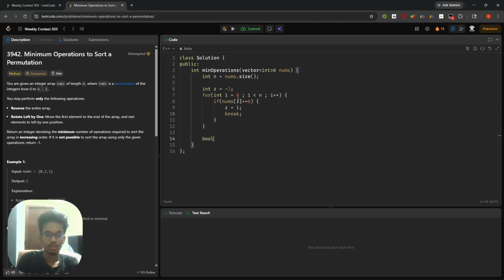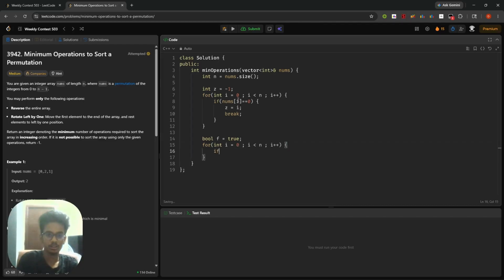Now either you can have a forward cycle, so let's name it as f. Let us assume that forward cycle is true. For int i = 0; i less than n; i plus plus.